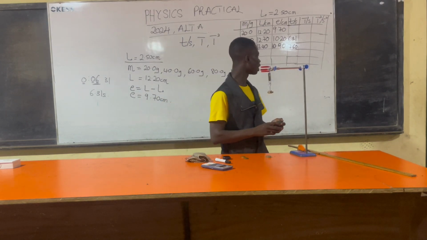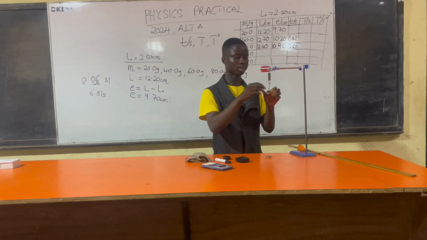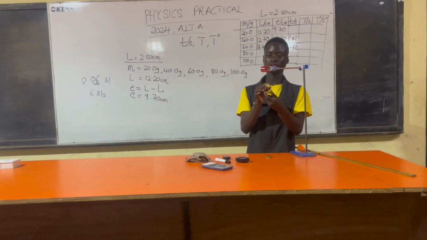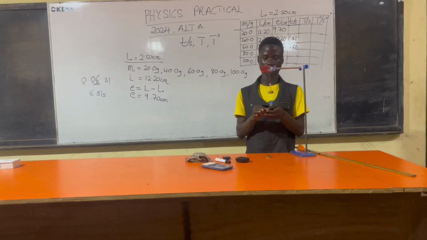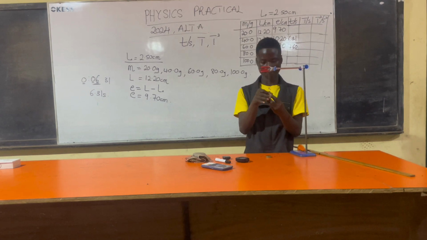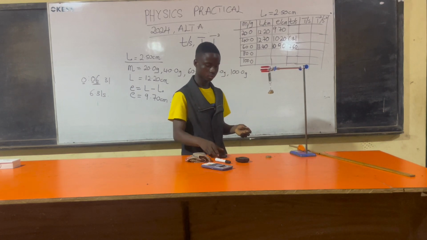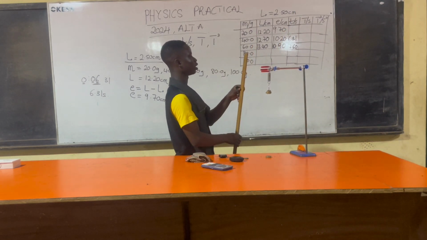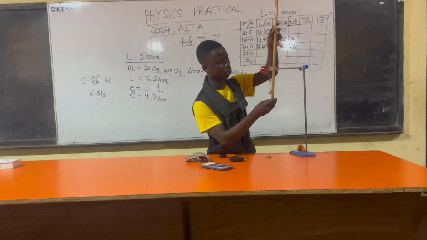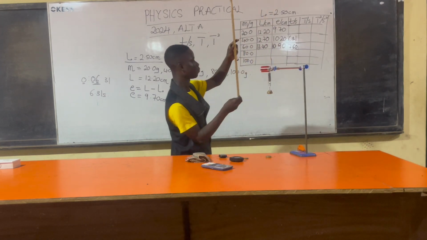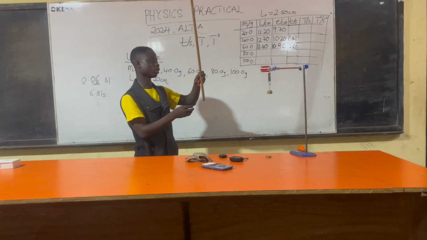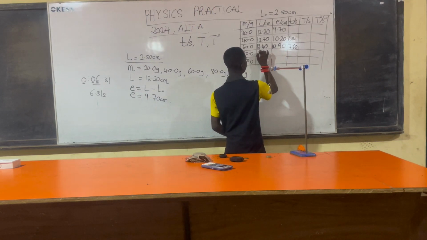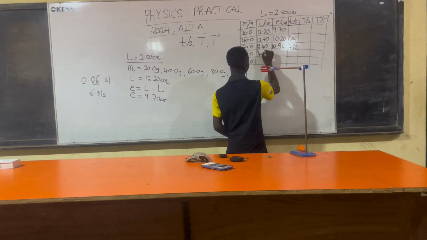Let's proceed with mass 80. We just add 20 to the mass 60, then we have our mass 80. For the mass 80, let's measure our value for L. 14.10.